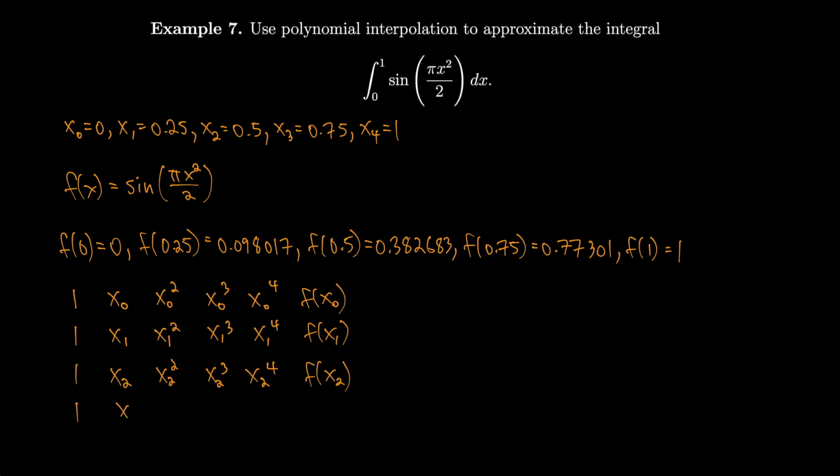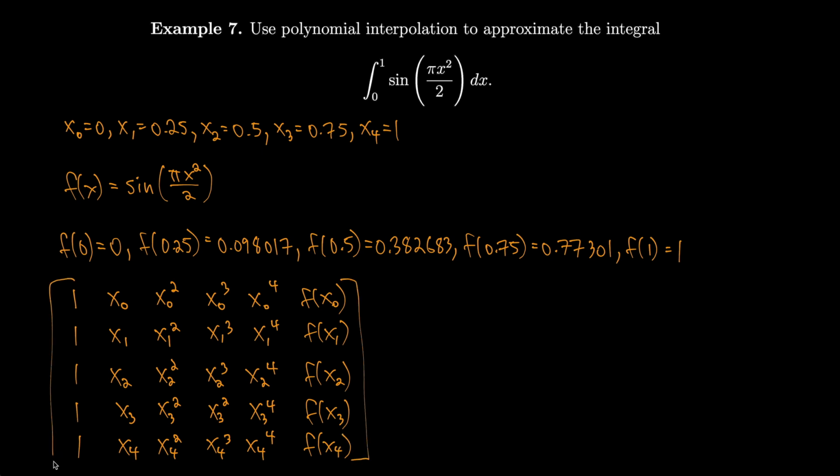Then for x3, and last but not least for x4. So x4 squared, x4 cubed, x4 to the 4th, and f of x4 is my last y value. Okay, so that's my matrix.